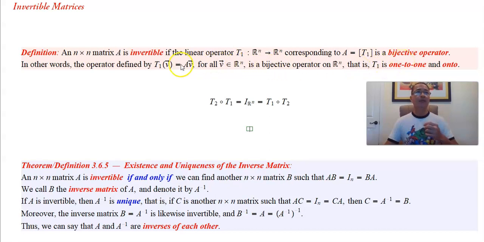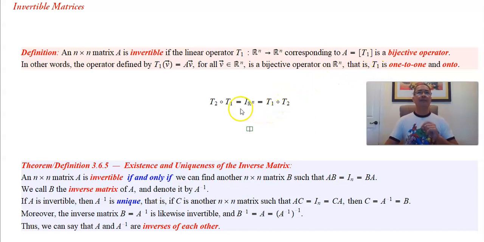So in other words, the operator defined by T1 of V is A times V. Okay, the matrix product A times V for all V in the domain is a bijective operator on Rn. In other words, it is both 1-to-1 and onto.